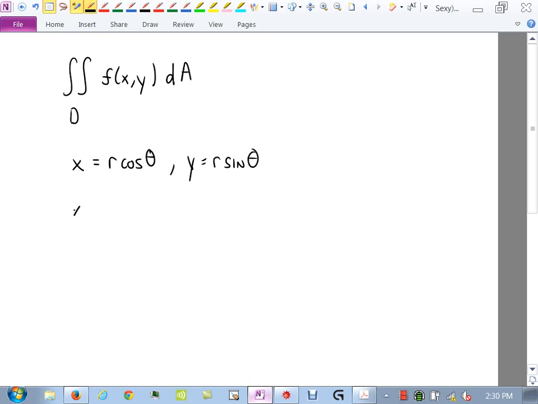So x now is actually a function of what two things? R and theta instead of u and v, and y is now a function of r and theta also.